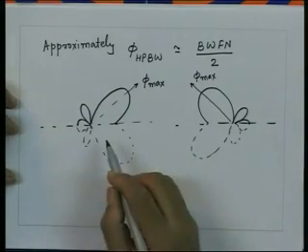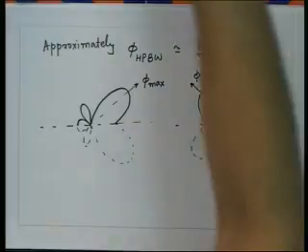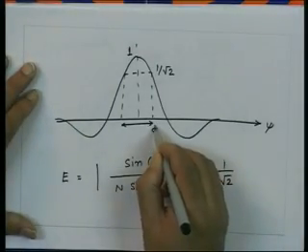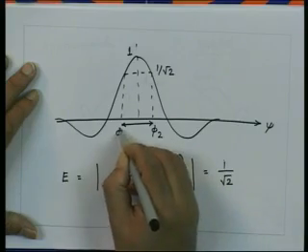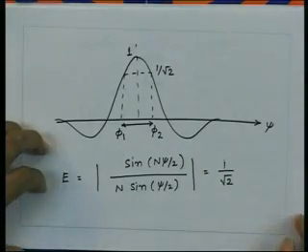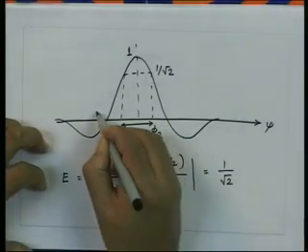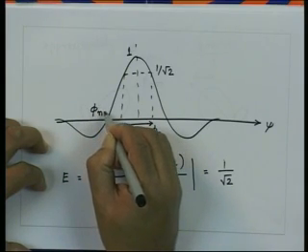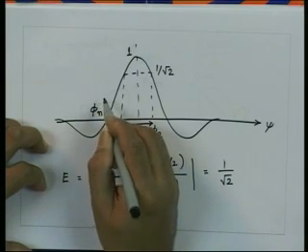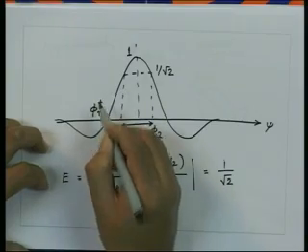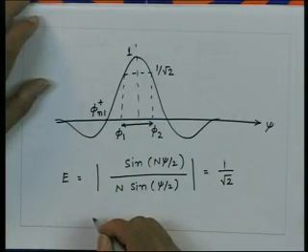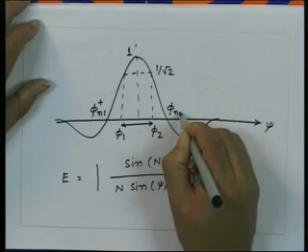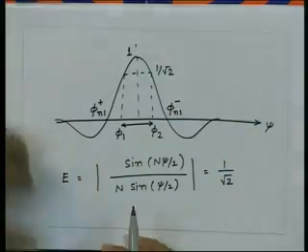So ideally speaking, let us say these two angles are phi 2 and phi 1, and let us say this one corresponds to the null for which the angle is given as phi n1 plus, corresponding to the positive sign, and this angle corresponds to phi n1 with negative sign.